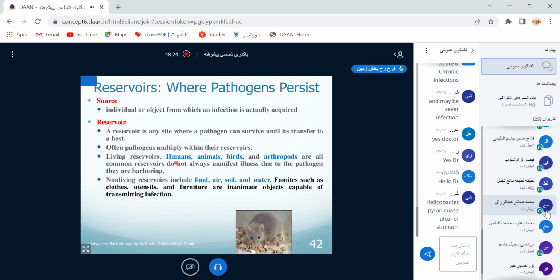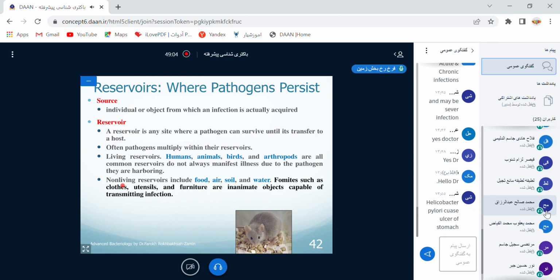So when a pathogen is present in a human, animal, bird, or arthropod without any signs and symptoms, and at the same time these pathogens can multiply and can transfer from these sites to sensitive hosts, we call them reservoirs.